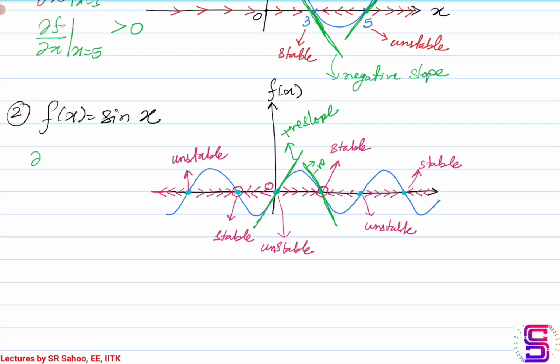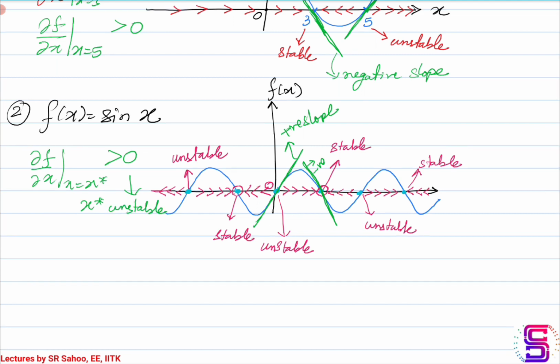Okay, so del f by del x at x equal to x star, if we get positive, implies x star is unstable, where x star is the equilibrium point. Similarly, if we evaluate del f by del x at x star and we see that it is negative, then x star is a stable equilibrium point.